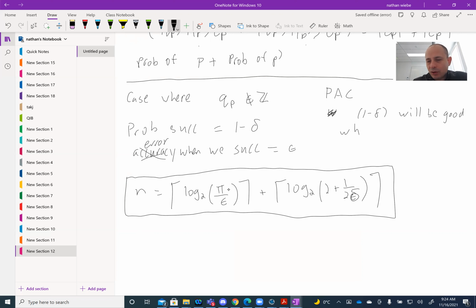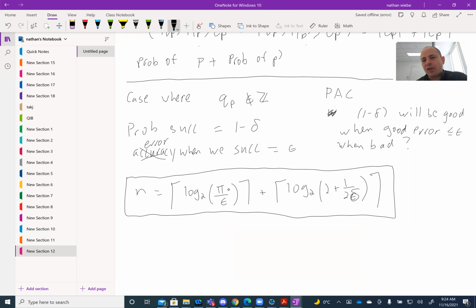And when good, the error is less than or equal to epsilon. When bad, then who knows? Things can go, in theory, arbitrarily wrong when we're bad. We could be pi radians off in our estimate of the eigenvalue.